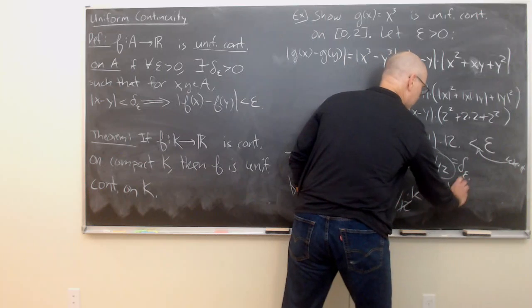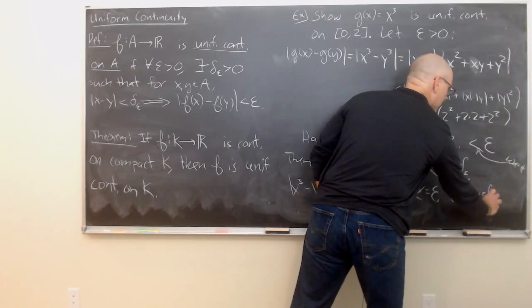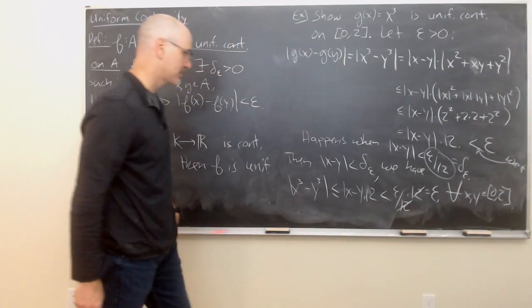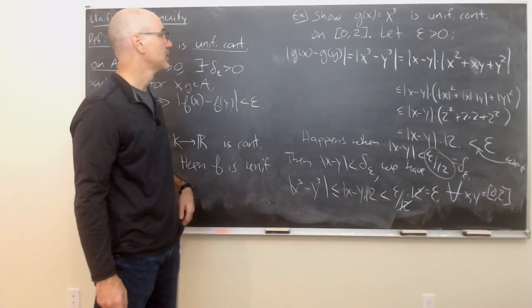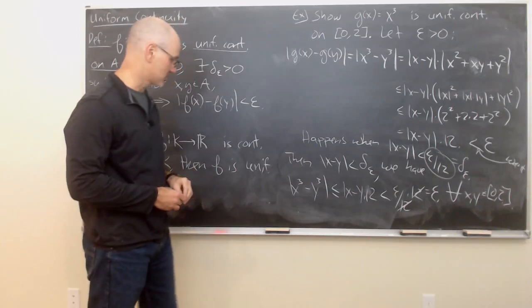This happened for all x and y in the interval at the same time, and so that establishes the uniform continuity of x cubed, provided we are focusing on a compact set, as we are in this example.